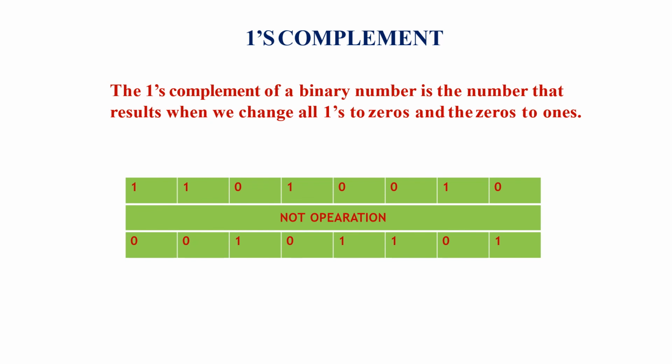For example, this is a given binary: 1 1 0 1 0 0 1 0. We are going to take its ones complement, so we change zeros to ones and ones to zeros. 1 becomes 0, 1 becomes 0, 0 becomes 1, which performs the NOT operation and is nothing but ones complement.